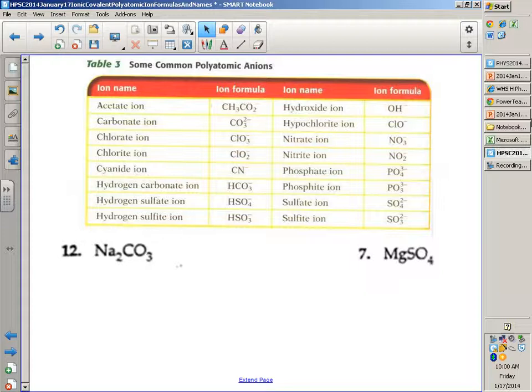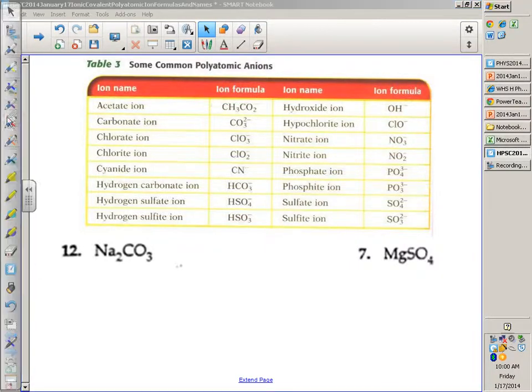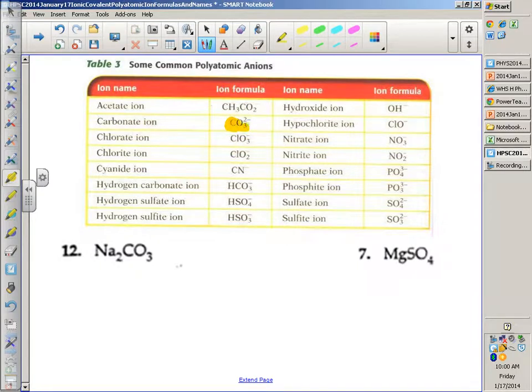So on Wednesday, we talked about the idea of a polyatomic ion. We said that this group right here, CO3, is 1 carbon and 3 oxygens. Those one carbon and 3 oxygens come together and they share electrons. They are covalently bonded.